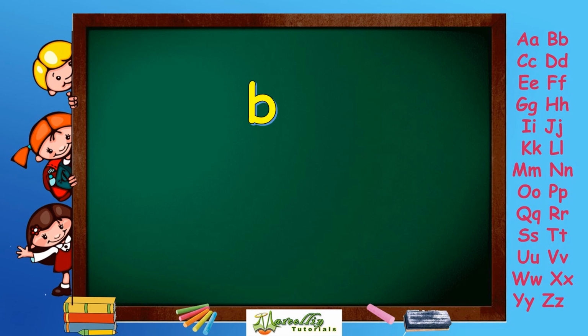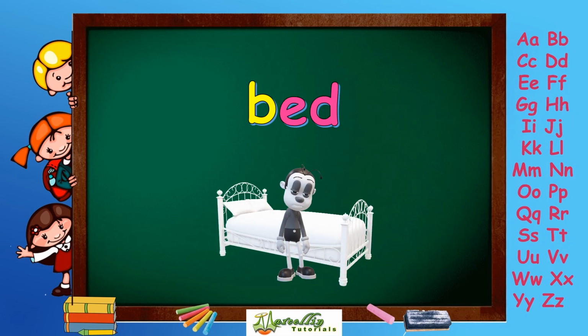Let's have letter B. The sound of B is B. Then let's add ed. Together, you read it as bed. Let's read again. Bed.